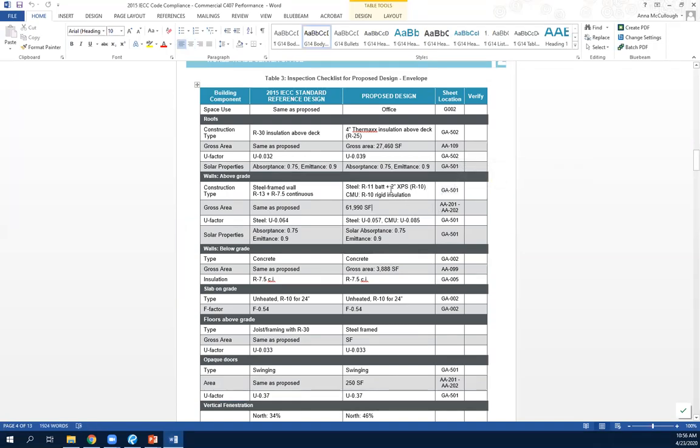They have R11 bat with 2 inches of XPS. Gotcha. They have R10 rigid, and that's what they're looking for. Perfect. Yeah, having those submittals and having all that paperwork on site will help your inspector a ton. Now, whether or not the GC can find that and get it to the inspector when he comes to the job, that's a whole nother issue.